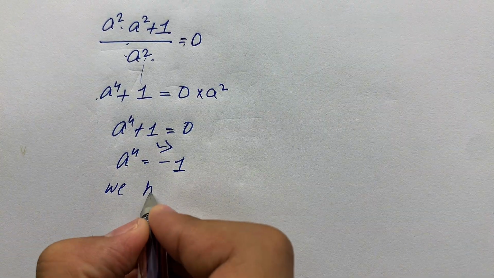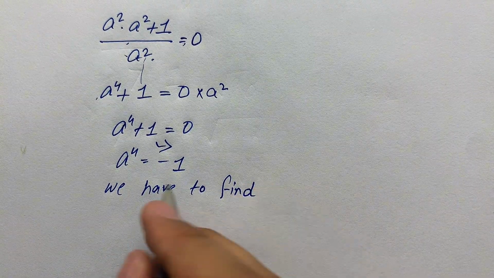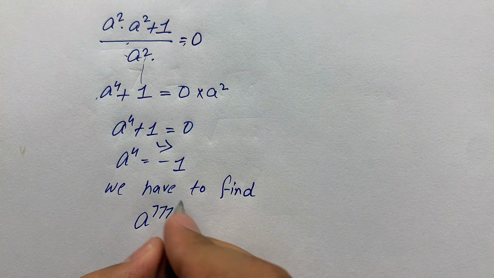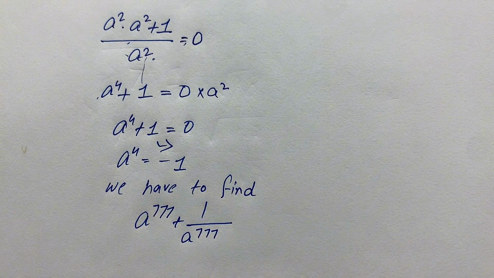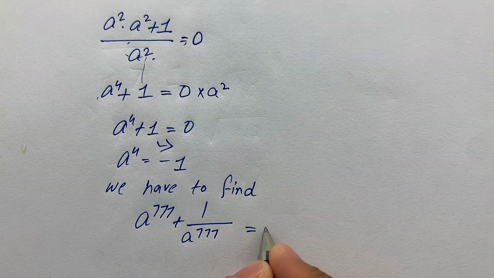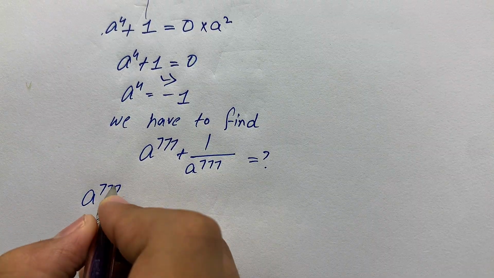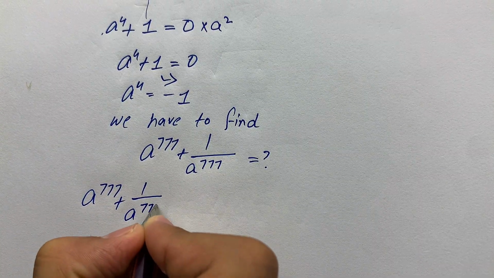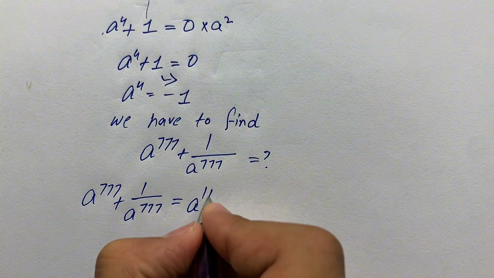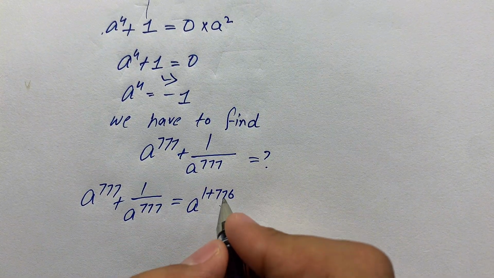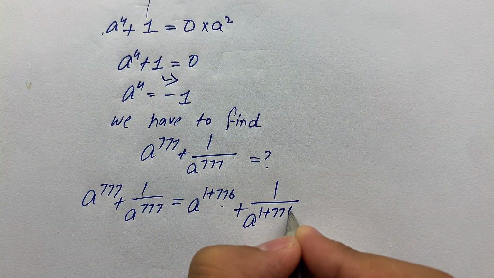Now we have to find a to power 777 plus 1 divided by a to power 777 is equal to unknown, and that is equal to a to power 1 plus 776 plus 1 divided by a to power 1 plus 776.